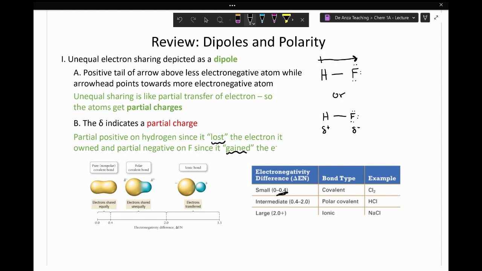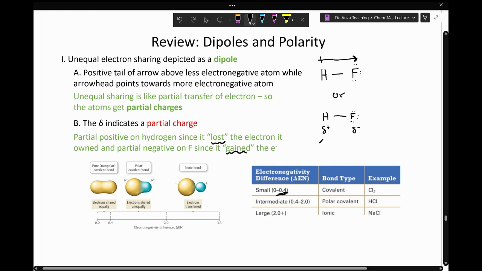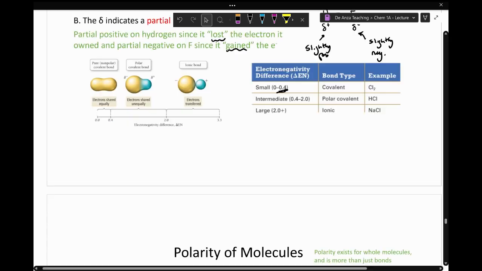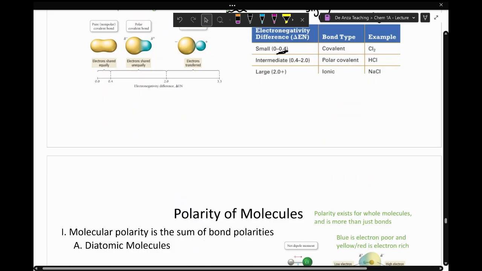We notated that with the delta notation, where delta plus means slightly positive, and delta minus means slightly negative, because each of them has either gained or lost a little bit of electron density.